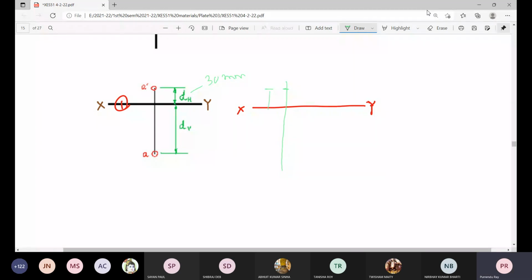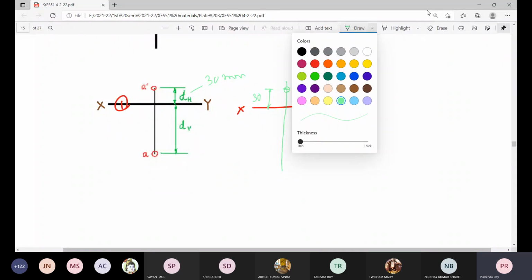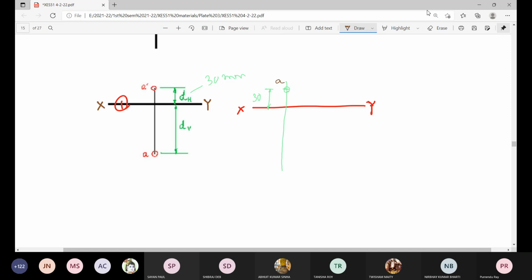Put a dimension 30 millimeter. Identify this location with a very small circle. The name of this point is given as A prime, which indicates the elevation.